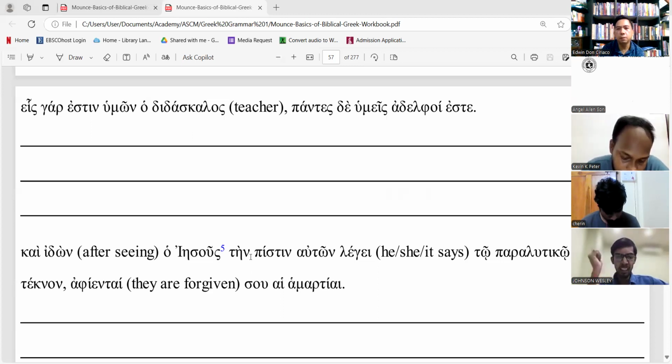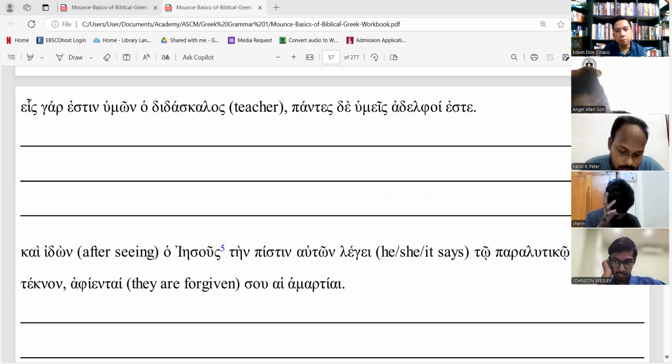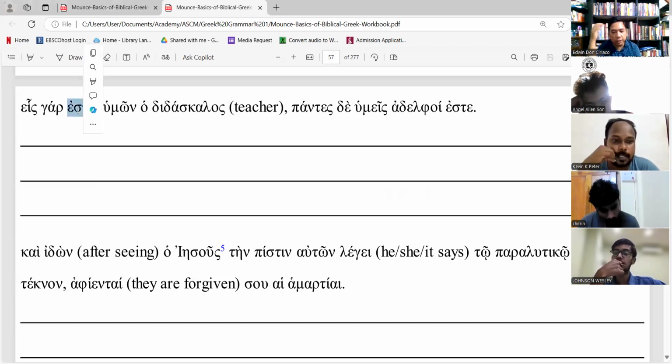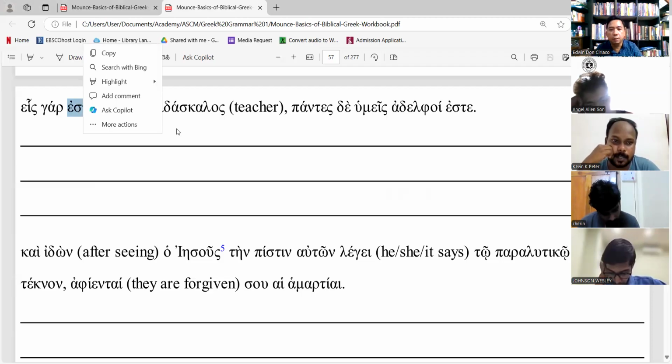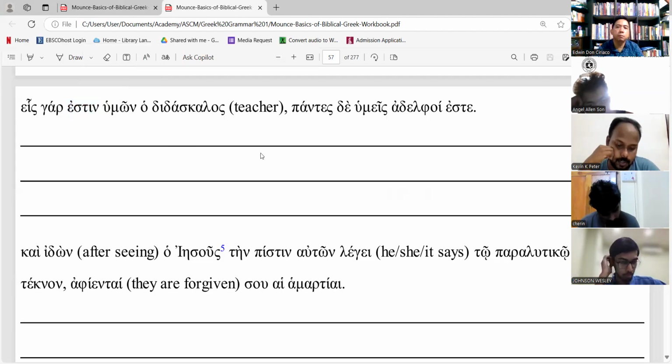Umis adelphoi, est adelphoi est. So the word esteem can be, if it is isolated, it can mean he is, okay? It can mean he is. Is.